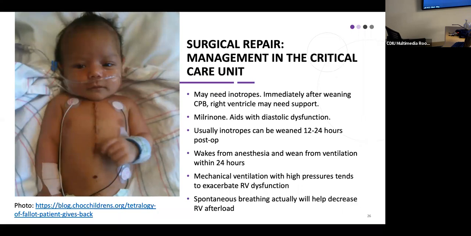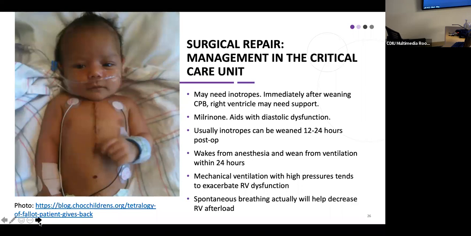As the patient wakes from anesthesia, the goal is to wean ventilation and hopefully extubate within the 24-hour period, as mechanical ventilation with high pressures tends to exacerbate right ventricular dysfunction. Spontaneous breathing actually helps decrease the right ventricular afterload.